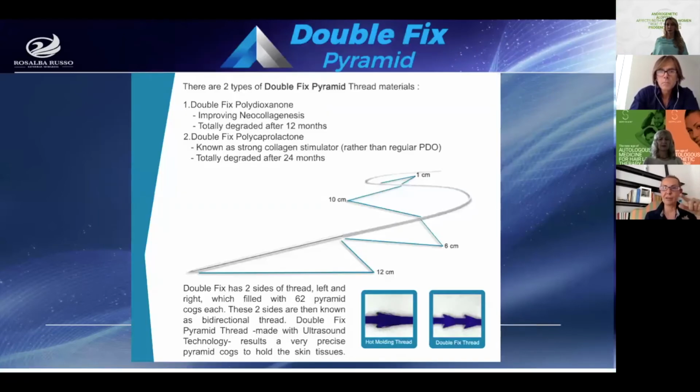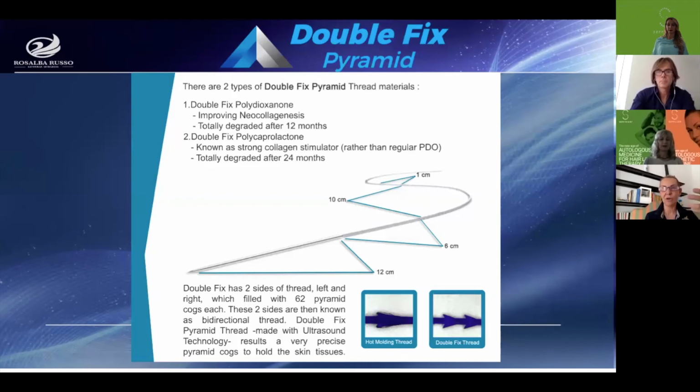The double fixed pyramid threads are 2 kinds of threads. The first one is in PDO, improving neocollagenogenesis, and degrades in a minimum of 12 months. The double fixed PCL is known as a strong collagen stimulator, and degrades after 24 months.